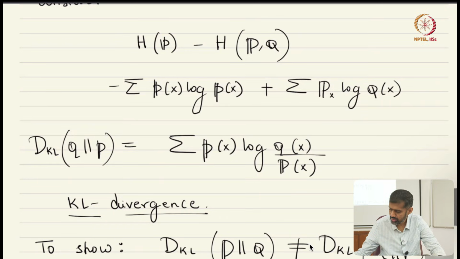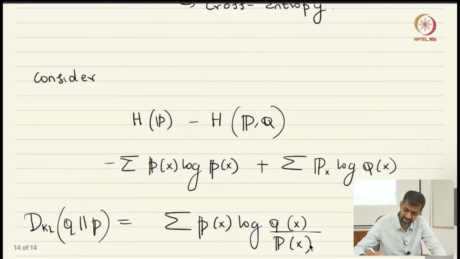My bad. I think the mistake is that it is the difference. Okay, I'll just change it this way, with minimal changes: difference between the cross entropy and entropy.